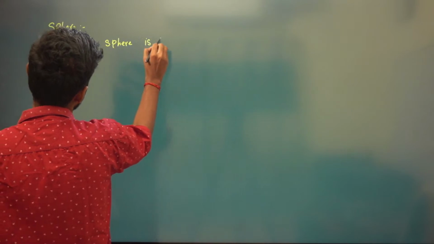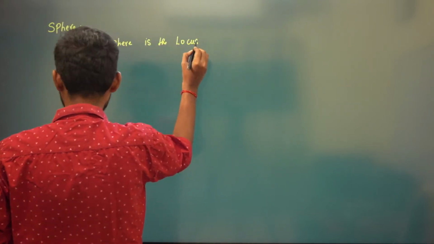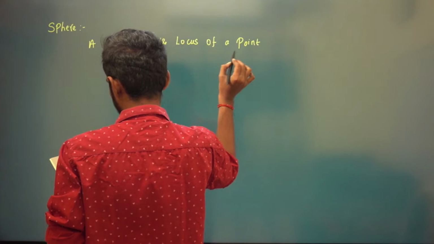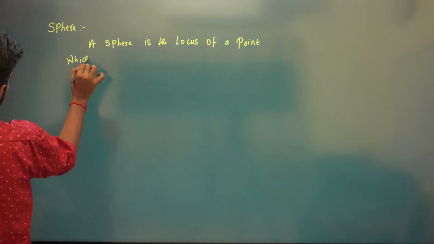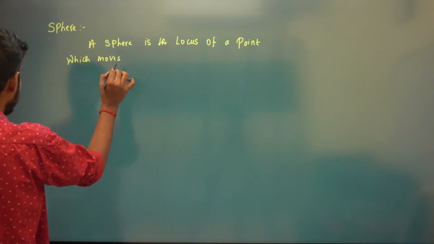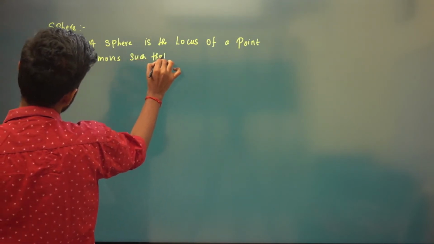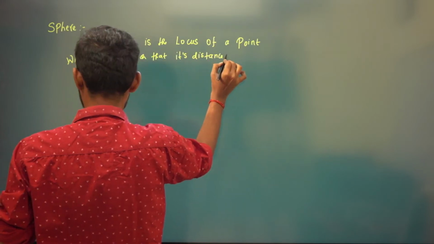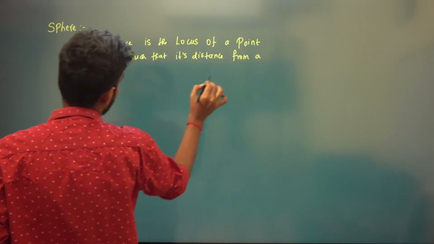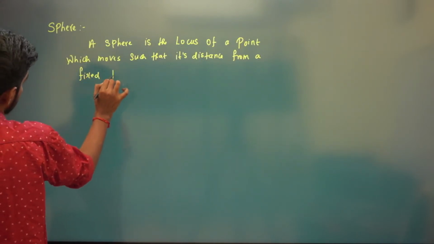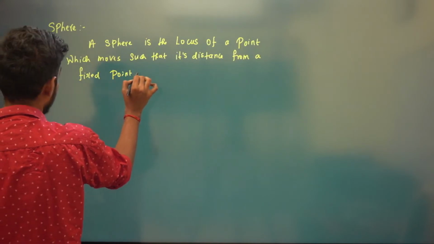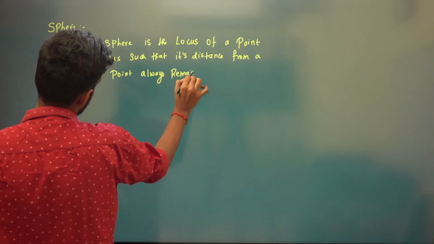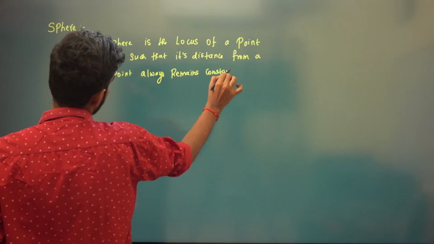A sphere is the locus of a point which moves such that its distance from a fixed point always remains constant.